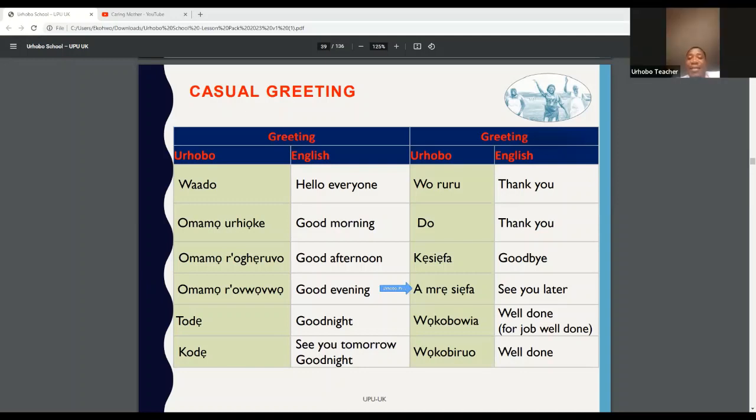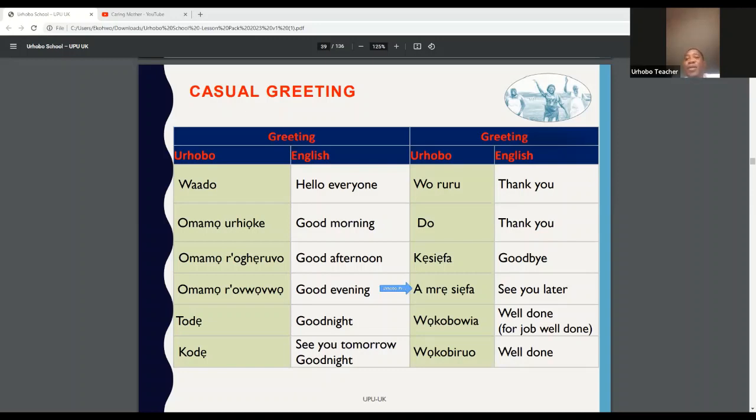Wekobonwia is well done. If somebody does a job very well, you tell the person, Wekobonwia, you've done well. Then Wekobirwo is the same thing, well done.